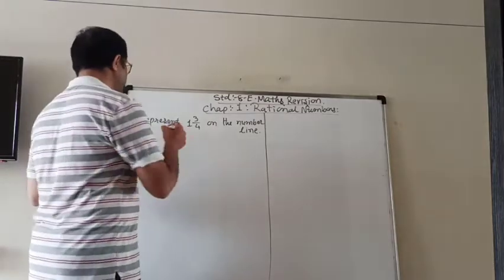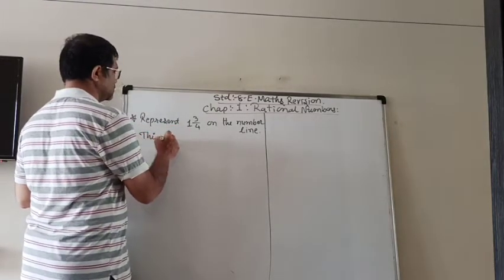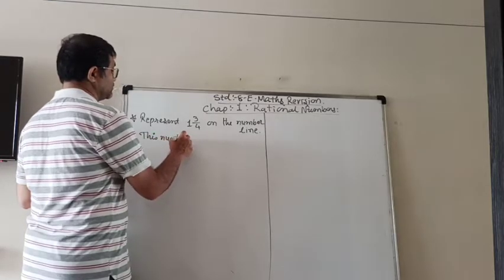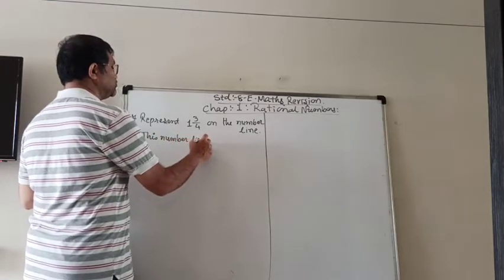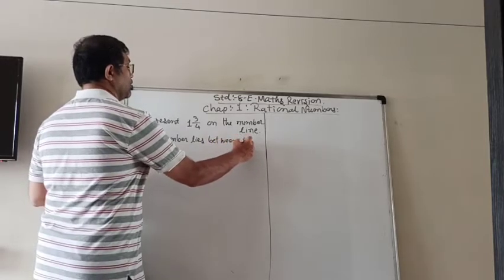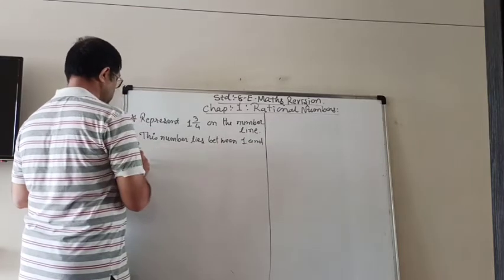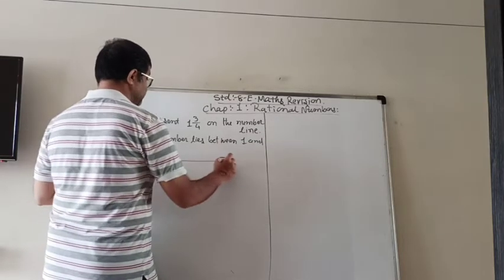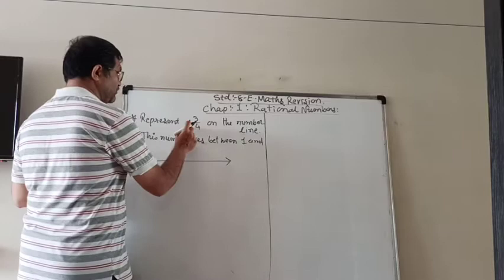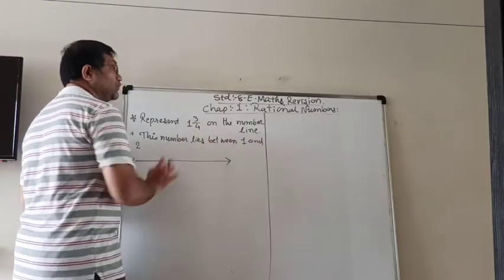So first you can write down this number lies between 1 and 2. So we get the limited part. So between 1 and 2, how many parts we have to do? 4 parts.